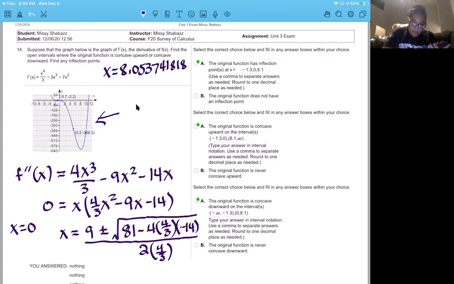And I'm getting 8.053741818. They are telling us to round to 1 decimal place, so that's going to give me an 8.1.